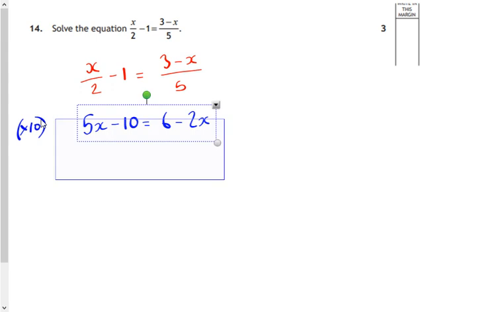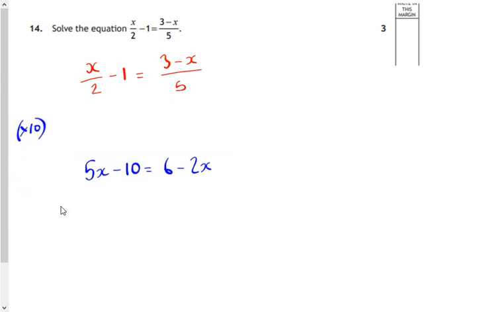Let's put the line of working in between that so everyone can see where we got that. If we multiply through by 10, we get 10x over 2 minus 10 is equal to 10 brackets 3 minus x all over 5. So that becomes 5, that becomes 1, that becomes 2, that becomes 1.